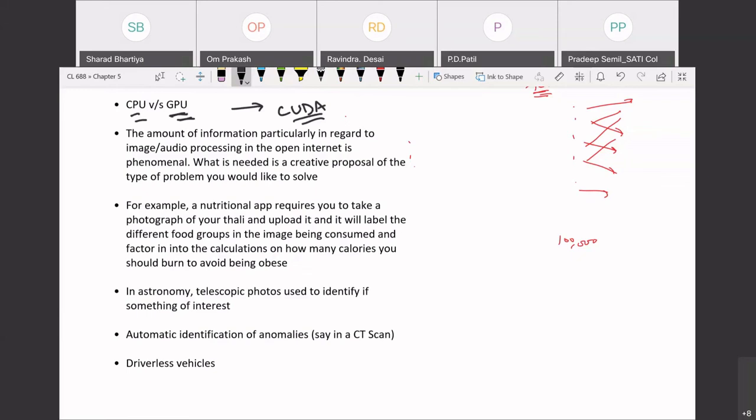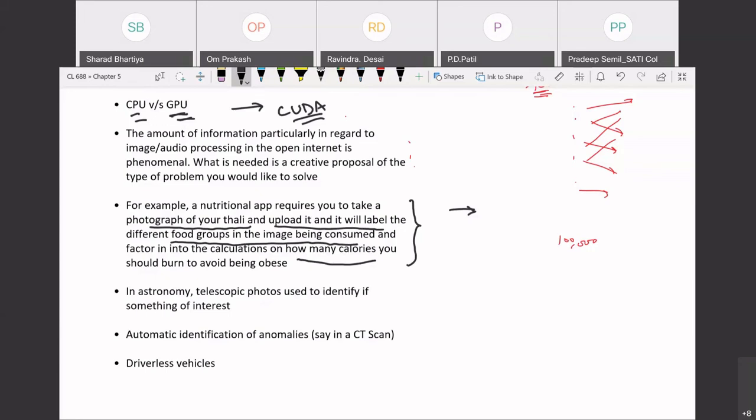And for example, I was speaking to somebody who is making a nutritional app, and they said that for a user to be able to tell what was the nutritional content of their food, they have to just take a photograph of their plate and upload it, and the different food groups in the image being consumed will go into finding out how many calories you have eaten and so on and so forth.